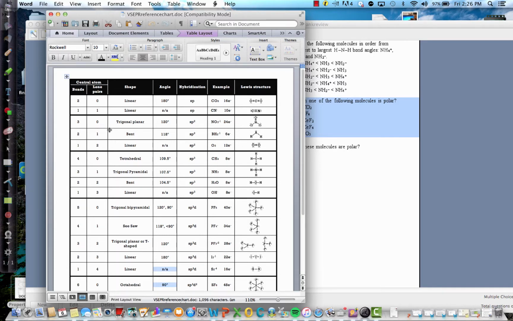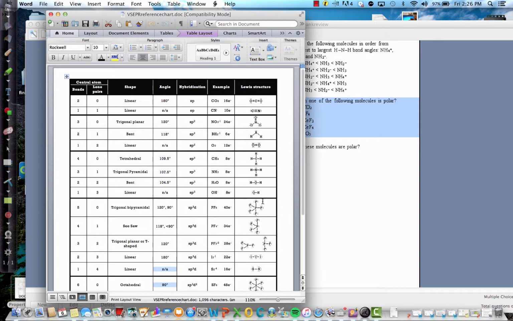All right, so also trigonal planar will always be nonpolar. The dipoles do end up canceling here. Bent, any bent will always be polar because the dipoles do not end up canceling. Tetrahedral is always nonpolar. Trigonal pyramidal, there's a lone pair on the central atom, a single lone pair, so that ends up being polar. And like I said, bent, any bent will be polar.